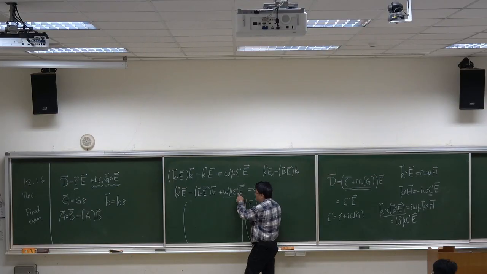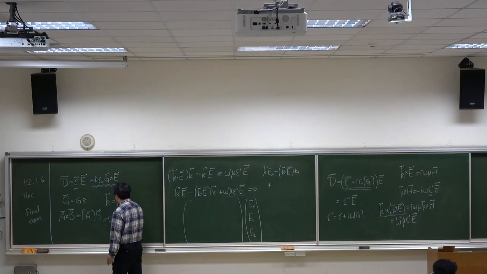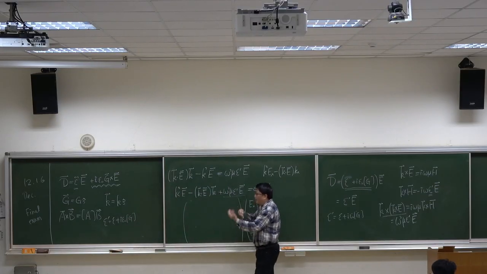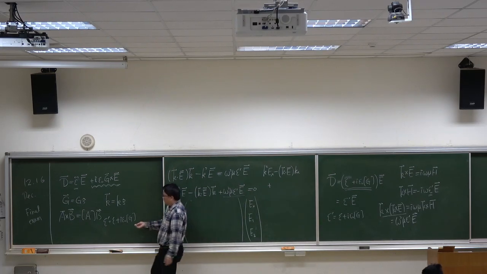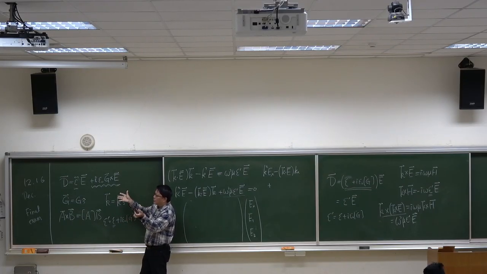However, now since epsilon prime now becomes epsilon plus i epsilon 0 times G, epsilon prime is not a diagonal matrix. Okay? In section 4.2, we have epsilon a diagonal matrix, which means we work in the so-called principal axis. So this epsilon is a diagonal matrix.